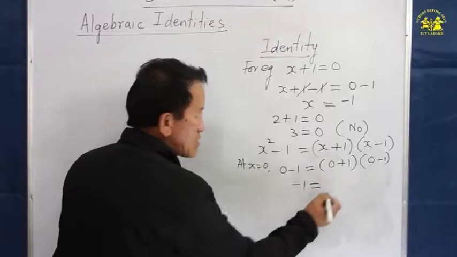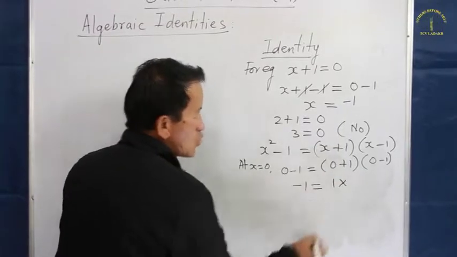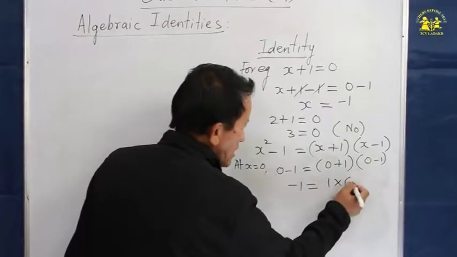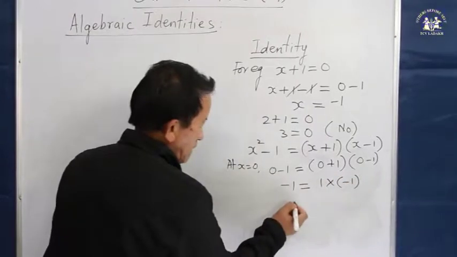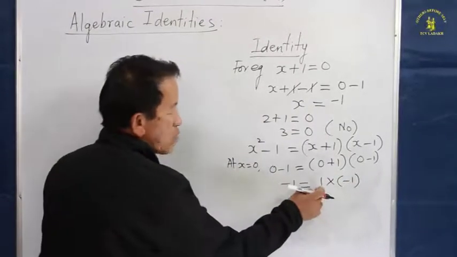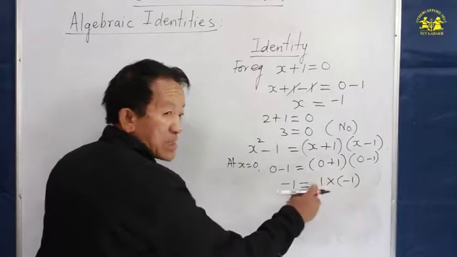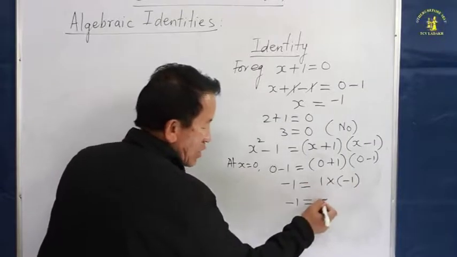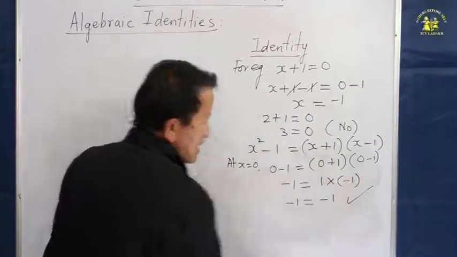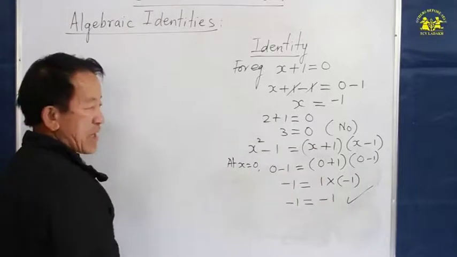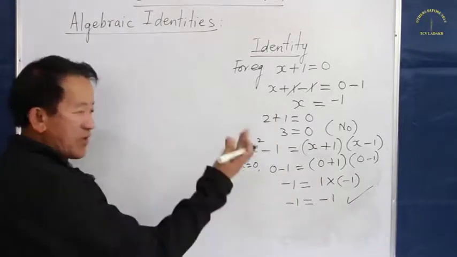On the right, 0 plus 1 is 1, into 0 minus 1 is minus 1, so 1 into minus 1 is minus 1. Left hand side is equal to right hand side. Let's take another value.